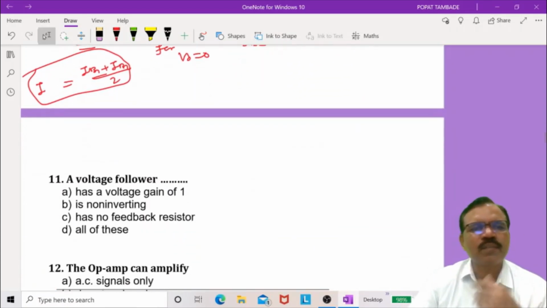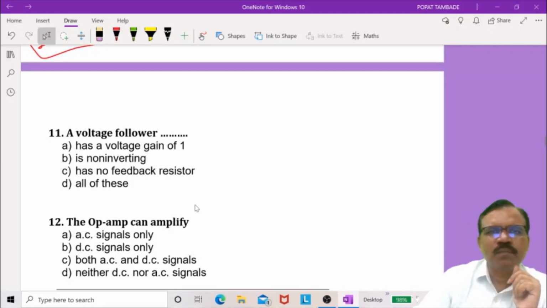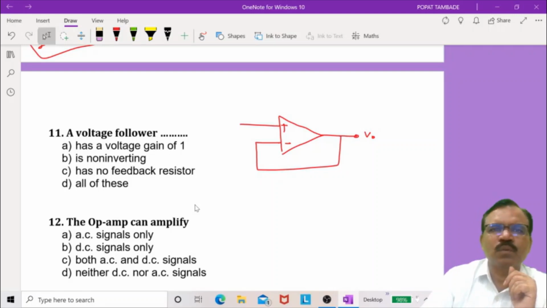Now next one, a voltage follower has a voltage gain of 1, is non-inverting, has no feedback resistor, all of these. Actually, the voltage follower circuit is like this. Plus, minus, output terminal V0. This is the inverting terminal, and we have connected the inverting terminal to the output, and we give input here.